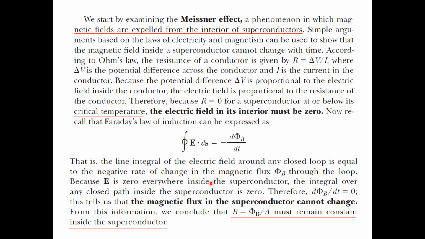Because E is 0 everywhere inside the superconductor, the integral over any closed path inside the superconductor is 0. So this side has to be 0. This tells us that the magnetic flux in the superconductor cannot change. So from this information, we conclude that B must remain constant inside the superconductor.